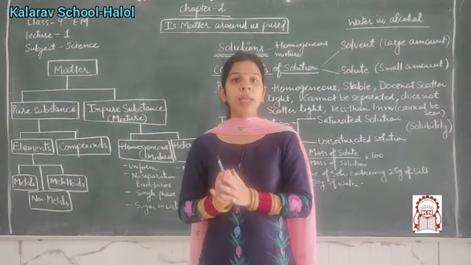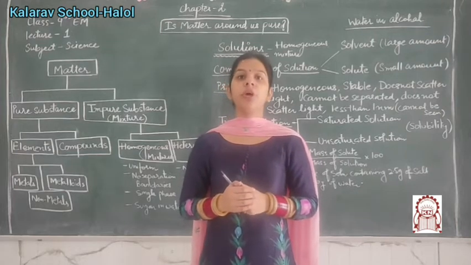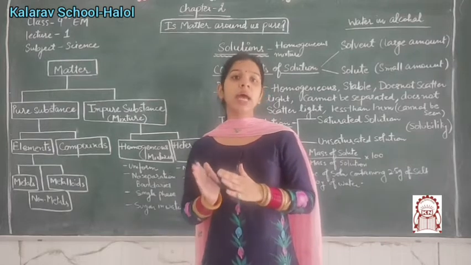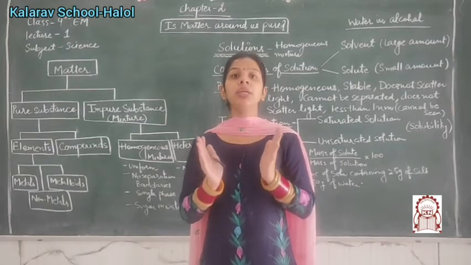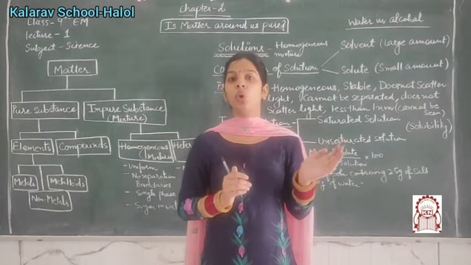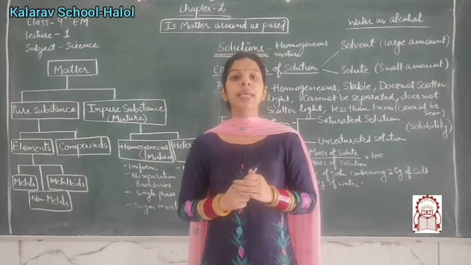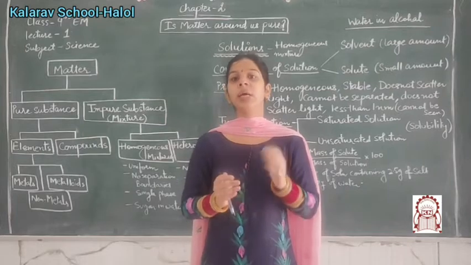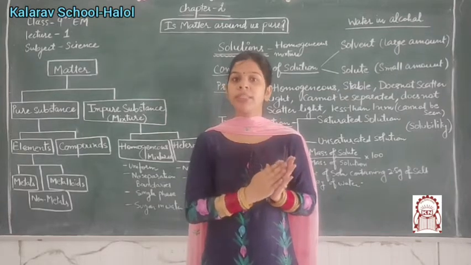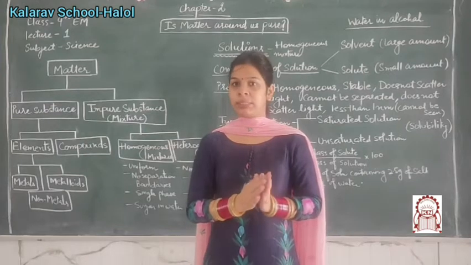For example, H2O is formed from hydrogen and oxygen, where hydrogen and oxygen are gases, but on combining hydrogen and oxygen, we get H2O, which is a liquid. That's why the compound has a different identity from its constituent elements.